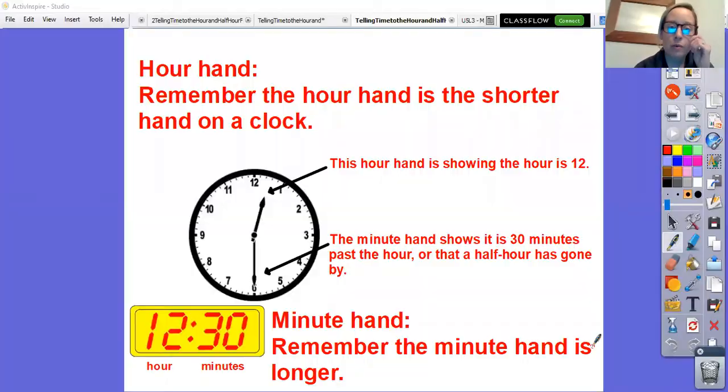All right, I'm going to go back to sharing the screen with you. Remember, the minute hand is the longer hand. And if I'm looking at this digitally, I can see that this says 12:30, right? It's the 12th hour and 30 minutes. If I'm looking up here at the clock, you can see that the hour hand is showing the hour 12.